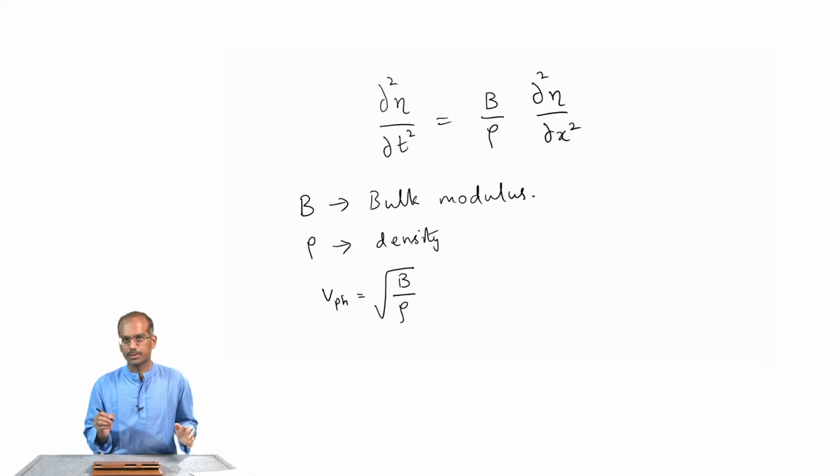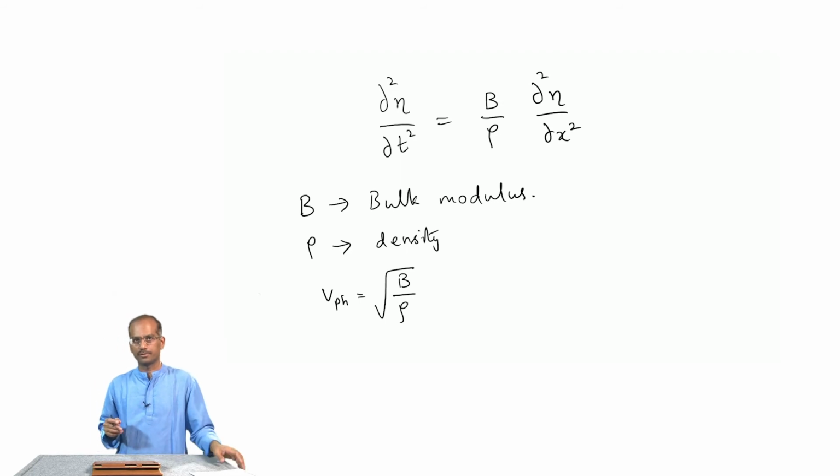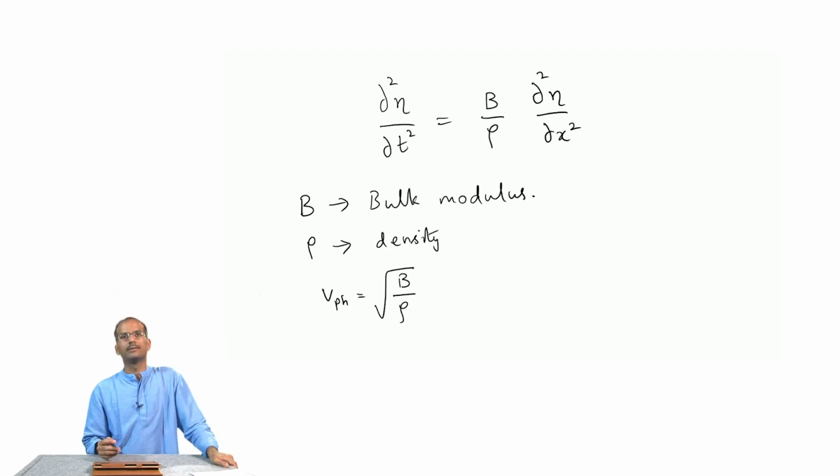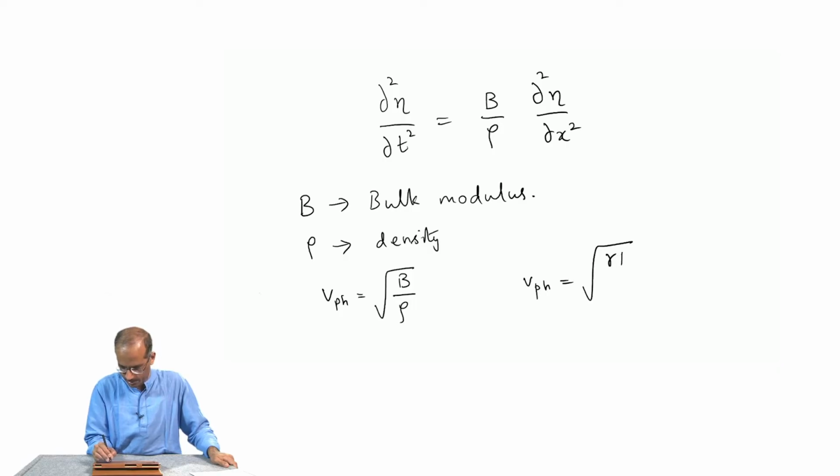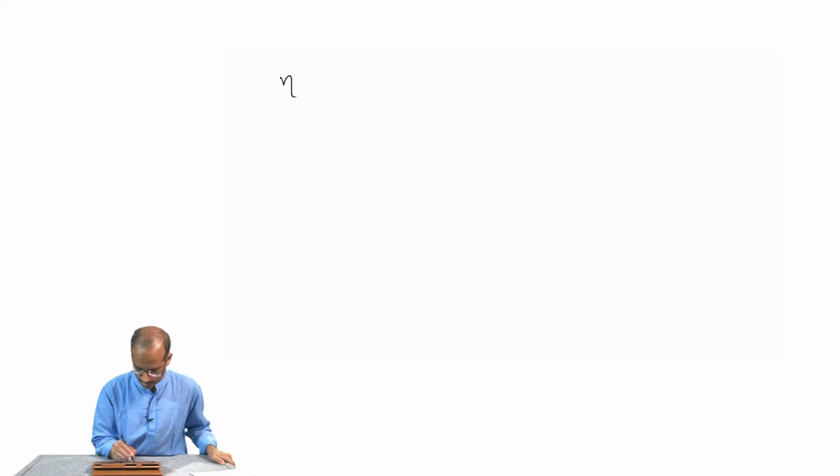In the specific case of sound waves in air, bulk modulus can be calculated starting from gas laws, in which case you could write the phase velocity as square root of gamma p by rho. As I said, this equation has been written with eta as displacement.